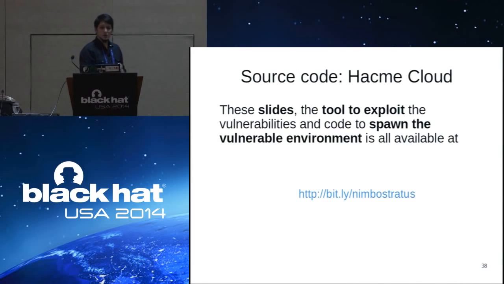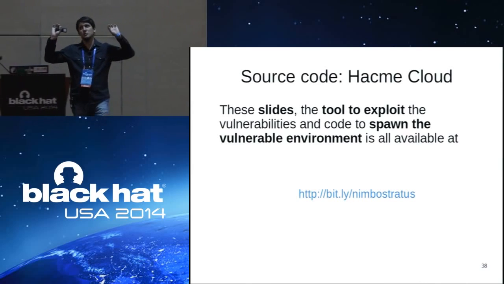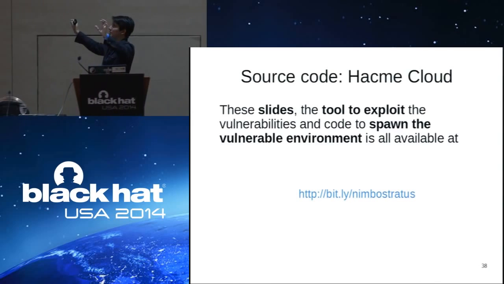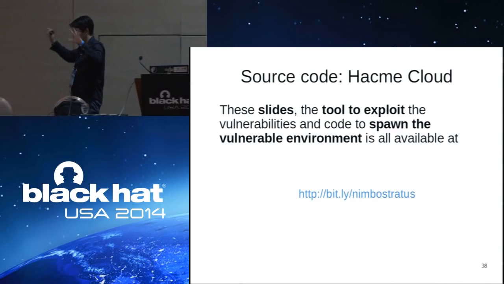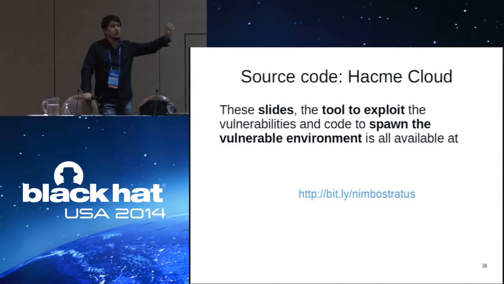All right, source code. I told you that we had two different repositories or applications. One is Nimbus Stratus. Nimbus Stratus is a tool that I showed you during this presentation.